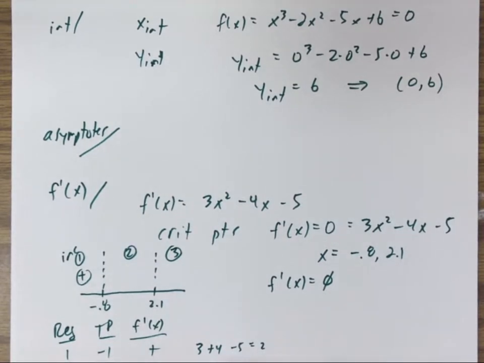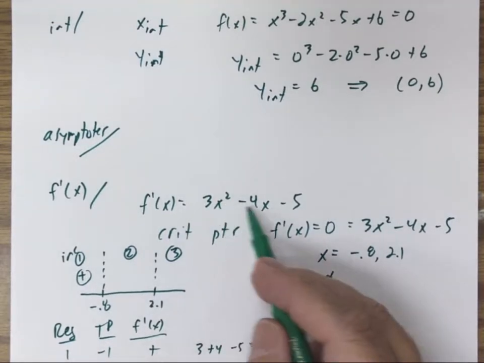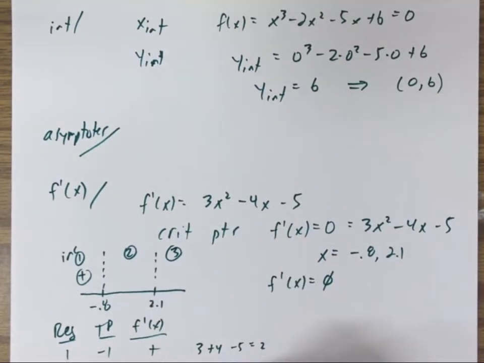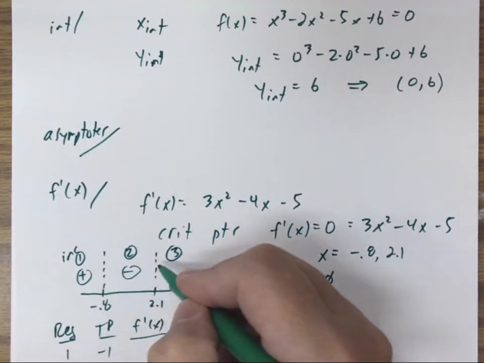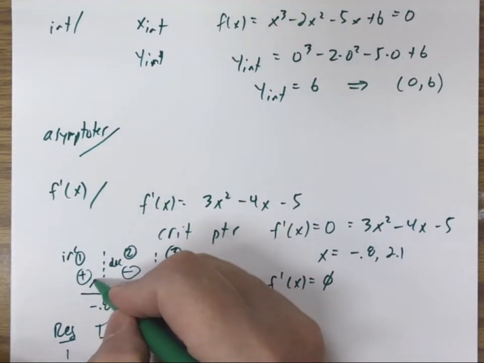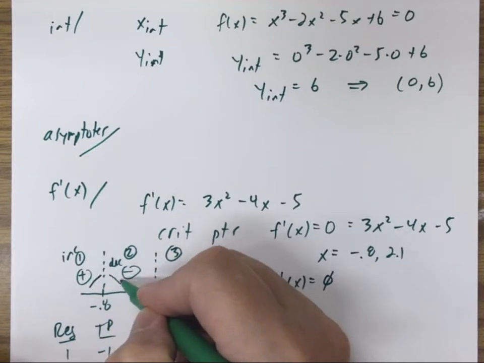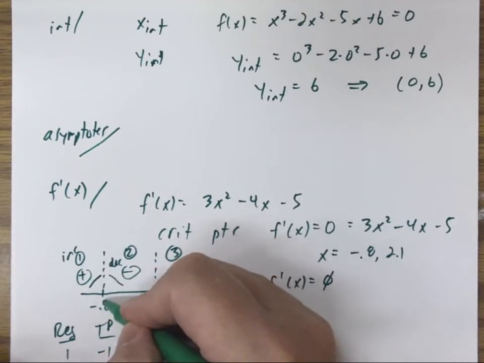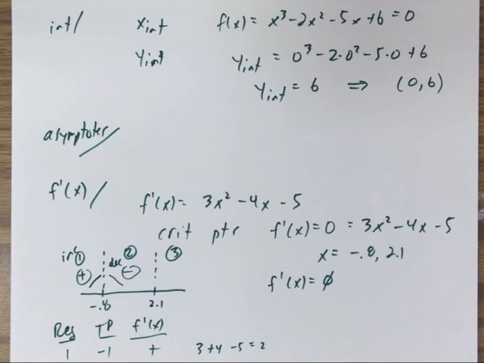When I plug in 0, I'm looking at region 2, and I plug in 0 here, it ends up equal to -5. Region 2 is a negative region, so inside of region 2, my graph is decreasing or going down. So if it's going up here and down here, you can see that at -0.8, I'm going to have a maximum.